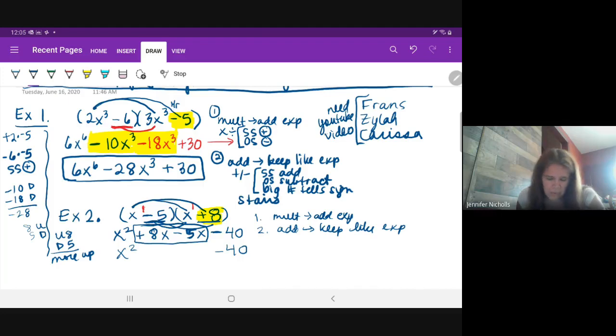More up? More up means positive or negative? Does more up mean positive or negative, if you've gone up more stairs than you went down? Yeah, it's positive.